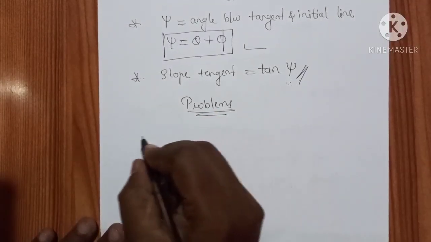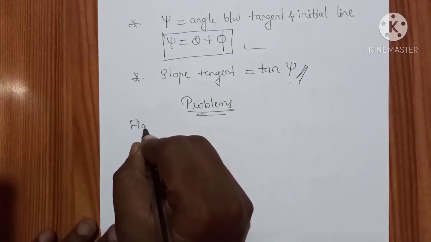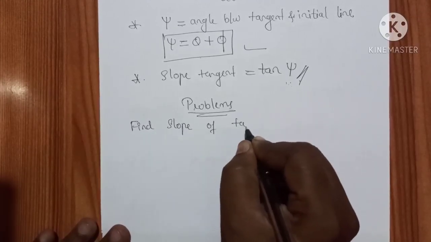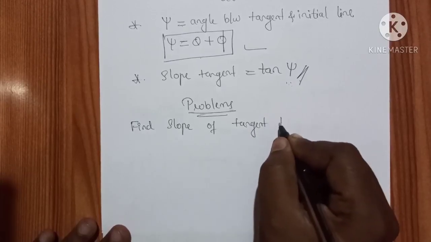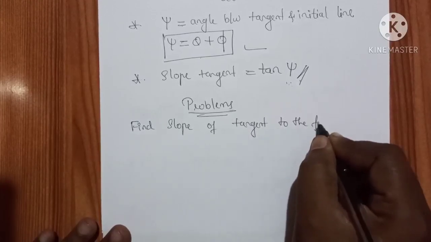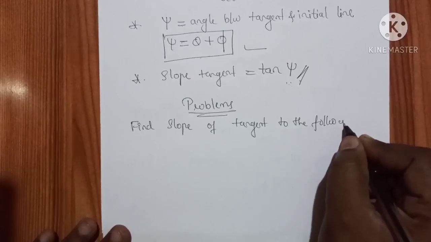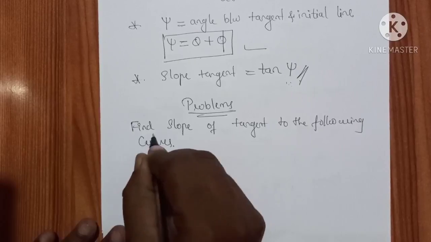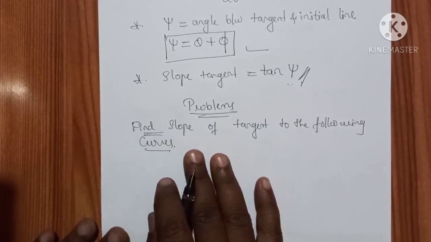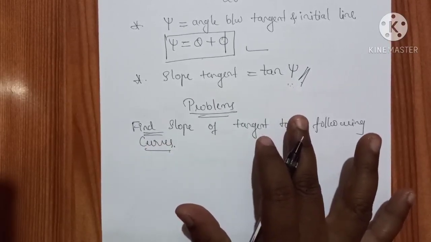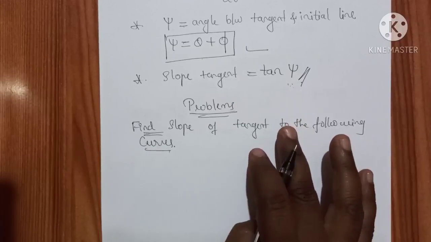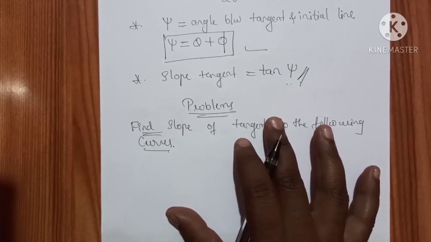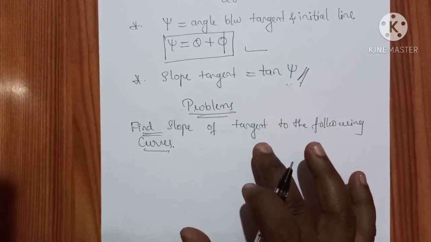Problems. Find the slope of tangent to the following curves. So before you start, please correctly read out the questions in the exam, because almost all the curves are similar, only the question is different.